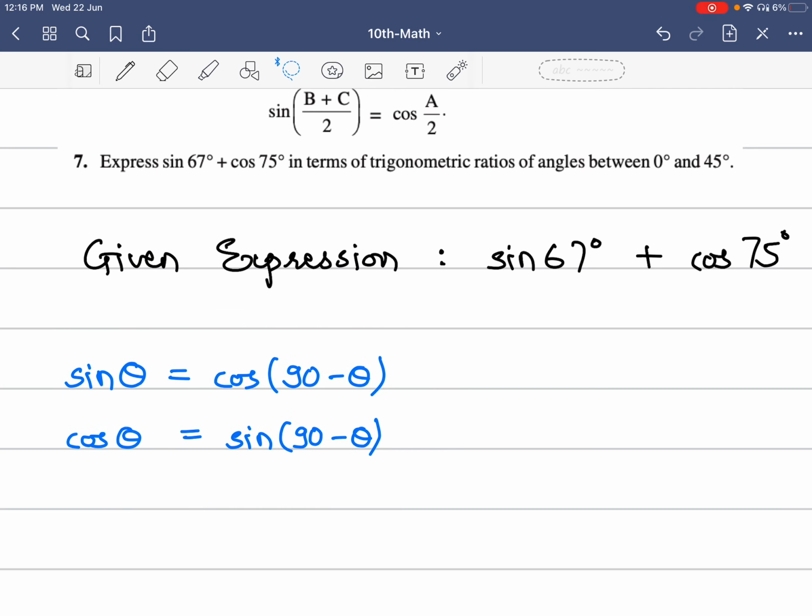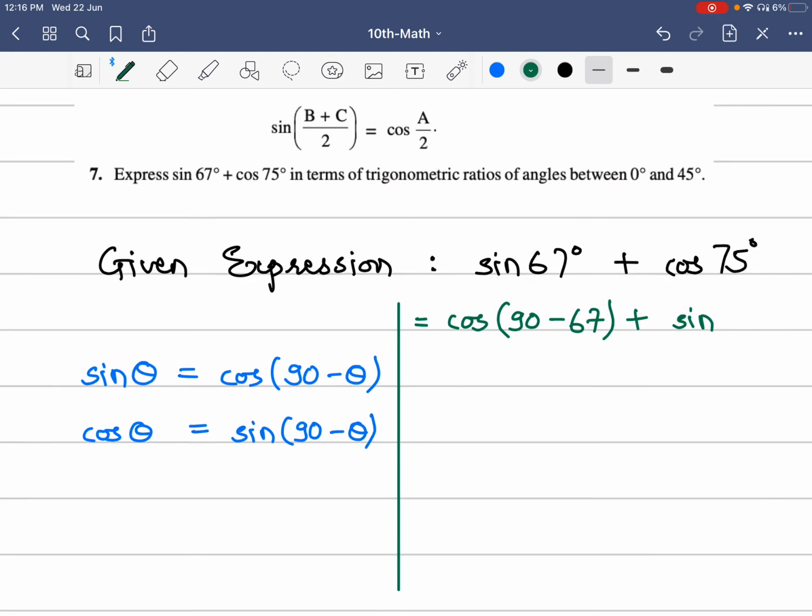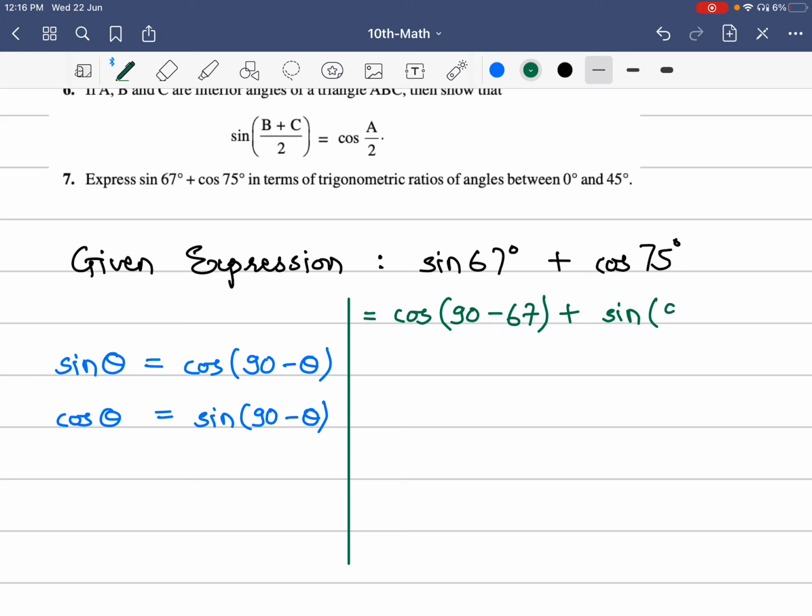So now let's draw a line here. Using this property of complementary angles of trigonometric ratios, I am going to say this is equal to cos of 90 minus theta, where theta is 67, plus sine of 90 minus theta, where theta is 75, so 90 minus 75.